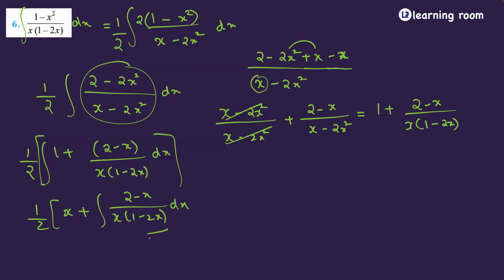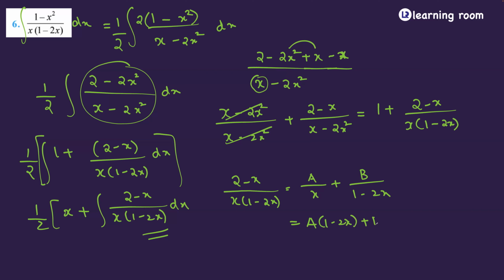So this you can solve using the first logic, which is, 2 minus x divided by x into 1 minus 2x can be written as a divided by x plus b divided by 1 minus 2x, because it's linear by quadratic. Right. So this will be a into 1 minus 2x plus bx is equal to 2 minus x.